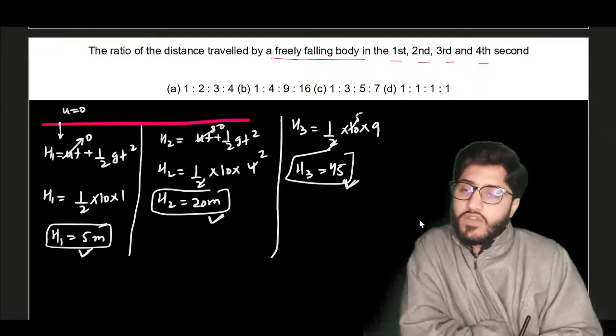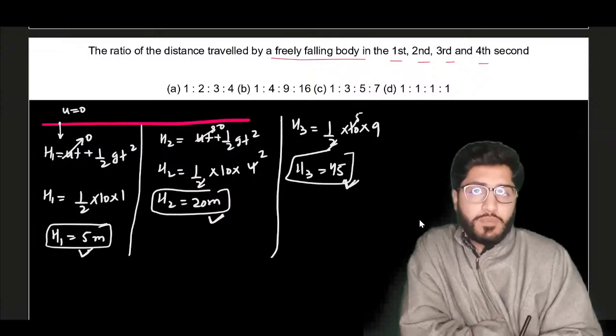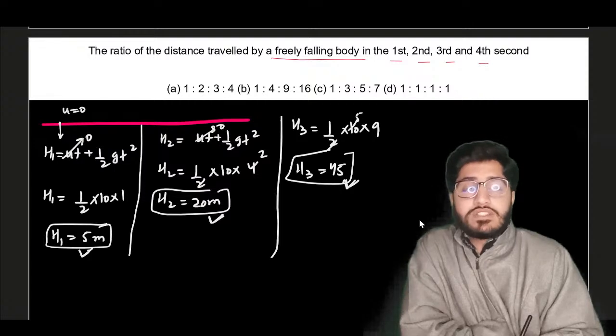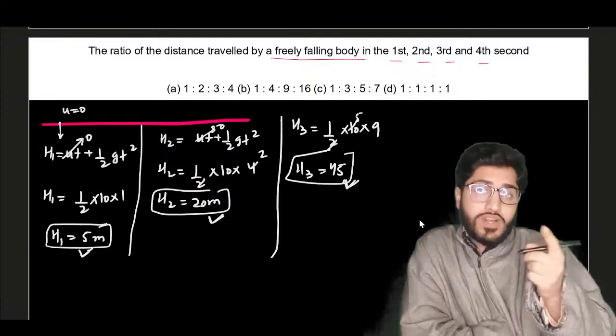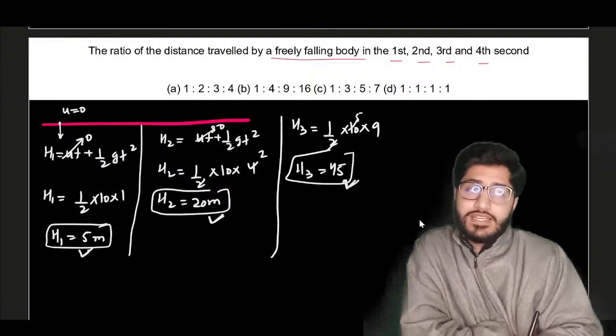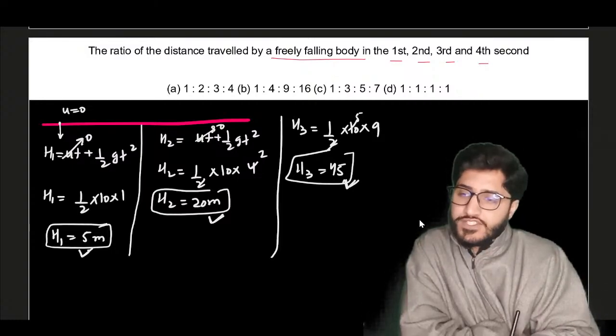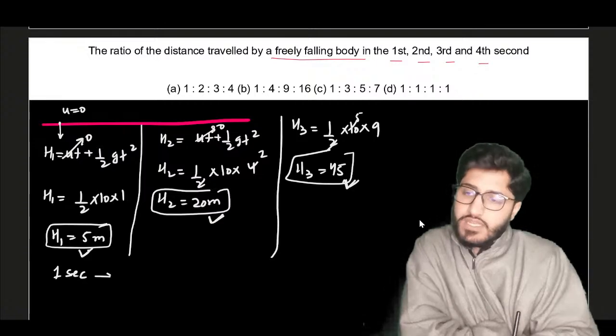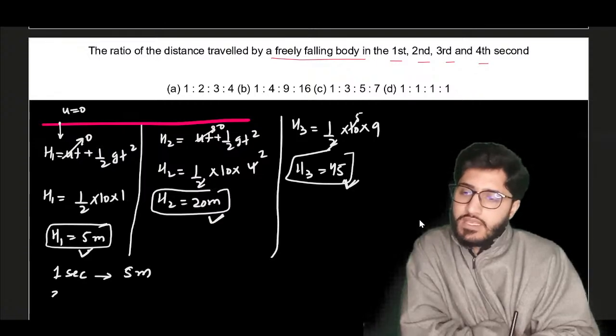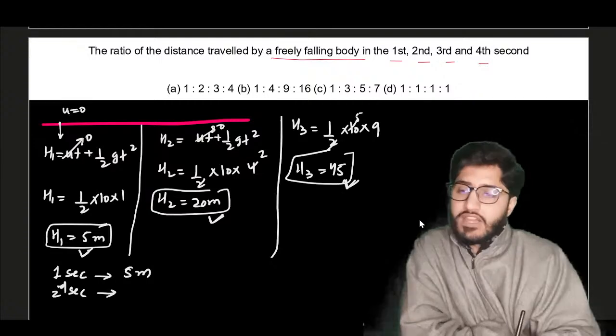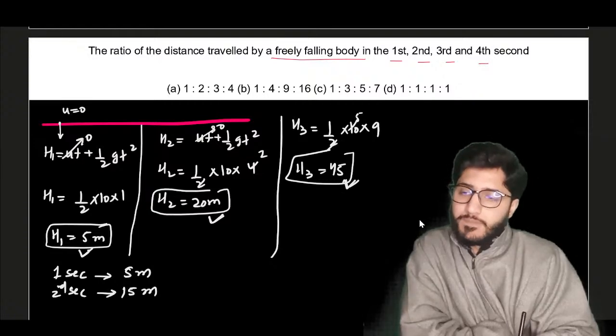Clear? So if the distance traveled in first second is 5 meter, what is the distance traveled in the second second? Not in 2 seconds, in the second. That is second minus first. So in first second, it travels 5 meter. In second, it travels 20 minus 5, 15 meter.